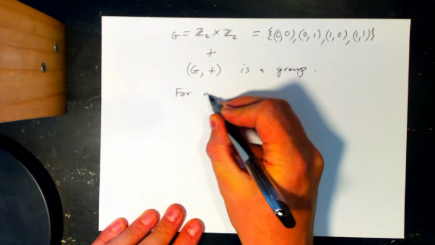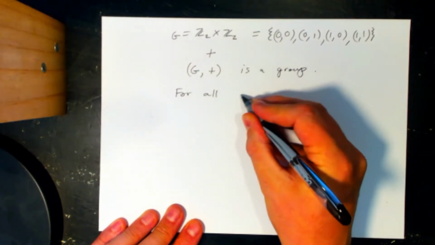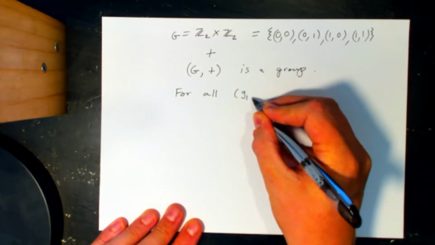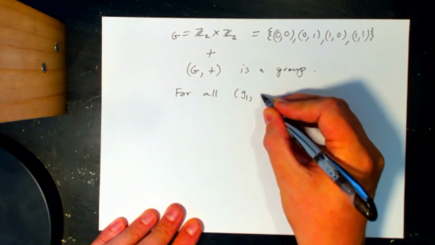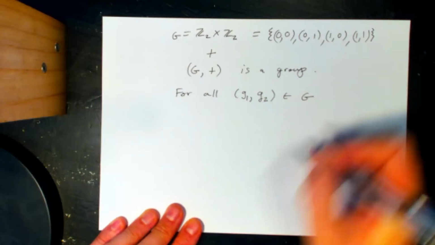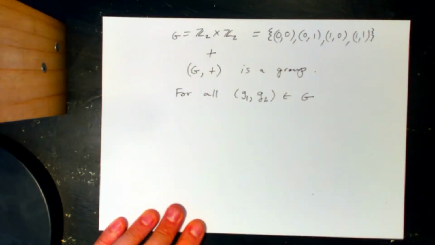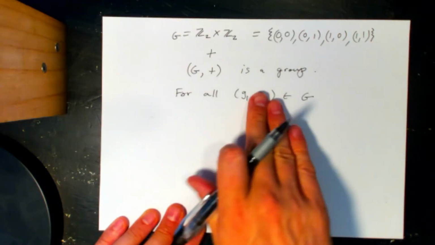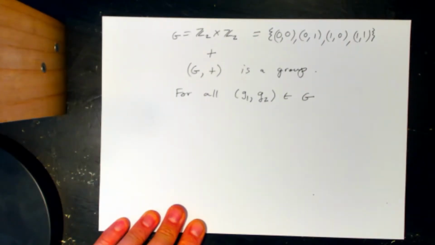For all G1, G2 belonging to G. I could have just put a G belonging to G, but I think it's clearer if I write it as a pair in this way.